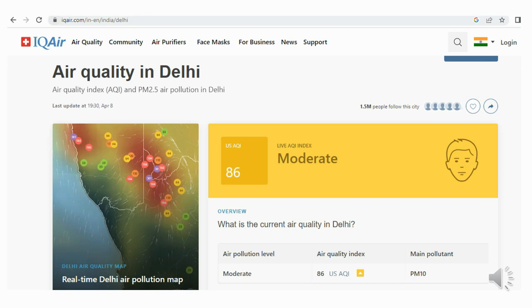So let's say New Delhi, our capital. If you search, you can see it is moderate, as the value is 86. That means it is not very badly polluted today.